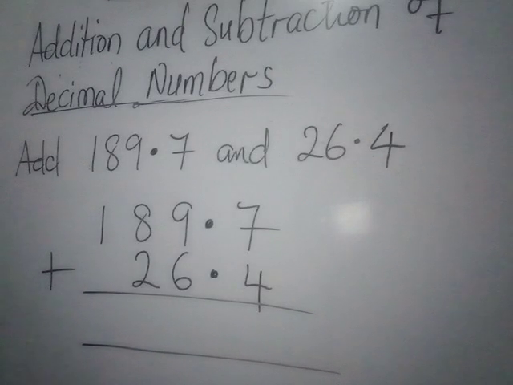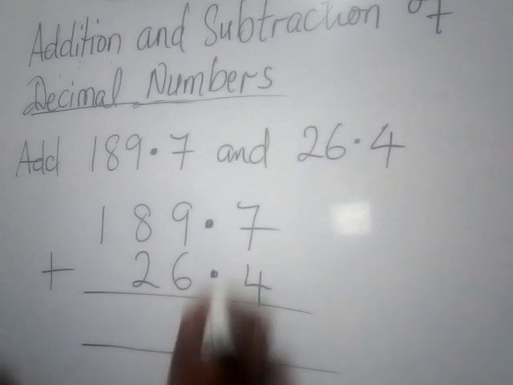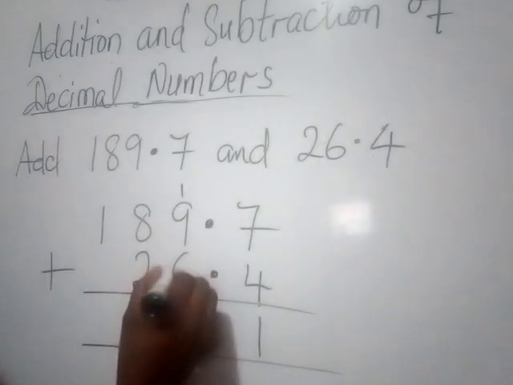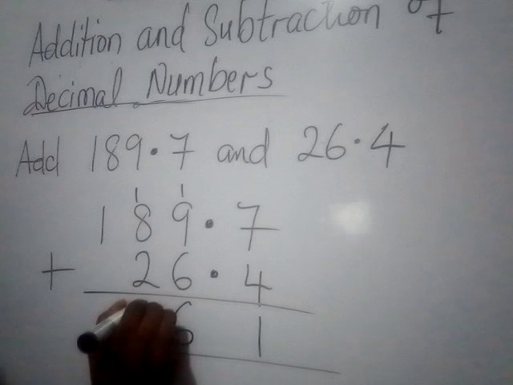And then this also involves what we call regrouping. So let's work on this. 7 plus 4, 7, 8, 9, 10, 11. We can't put 11 here. We've already seen that in earlier examples. So we put down 1 and we bring the other one here. So 1 plus 9 is 10 plus 6 is 16. Bring 1 here. 1 plus 8 is 9 plus 2 is 11. We write down 1.